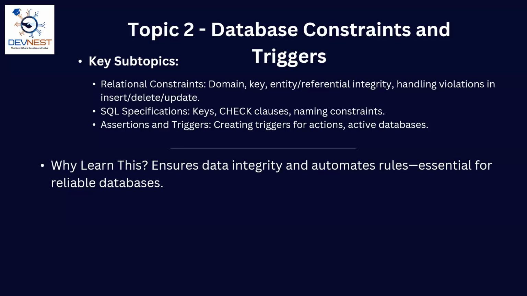So next, let's move on to triggers. Triggers are actions that happen automatically when certain events occur, like updating stock level after a purchase. Why do we have to learn the second topic?